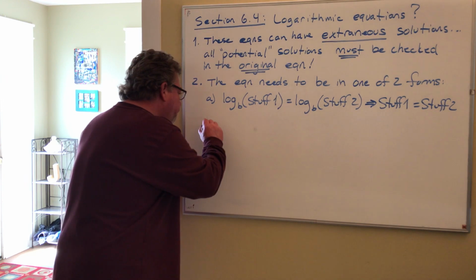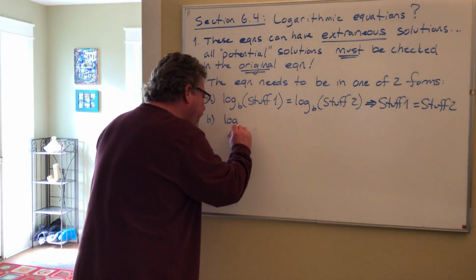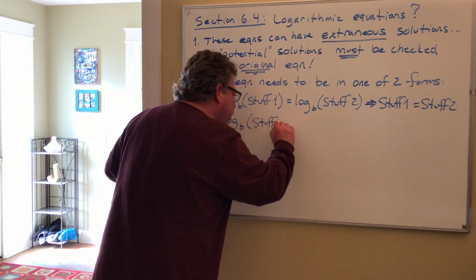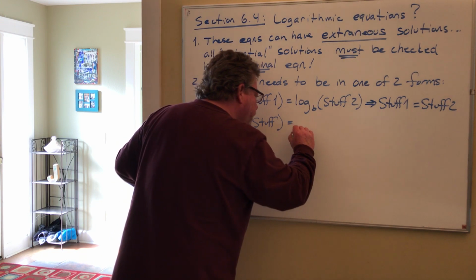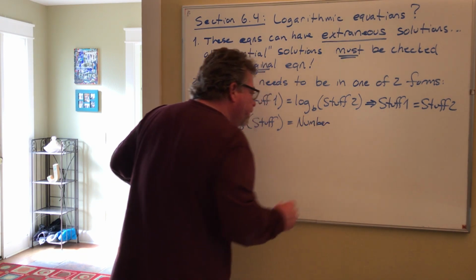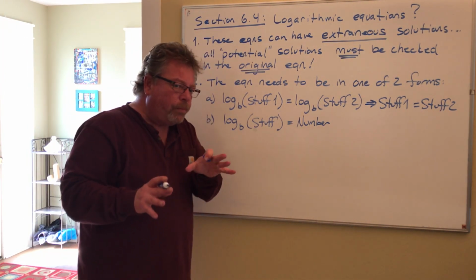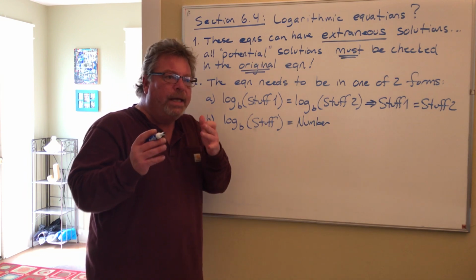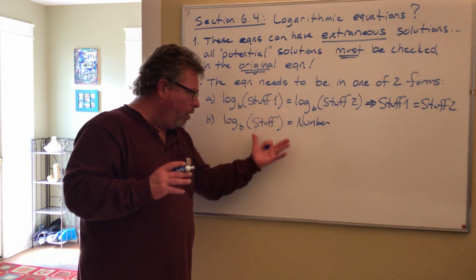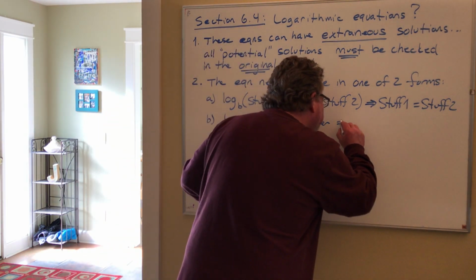The other form is that we're going to have the logarithm base b of stuff equals number, some constant. And if the equation is in this form, then we can simply use that idea of switching forms and rewriting it from a logarithmic form into an exponential form.